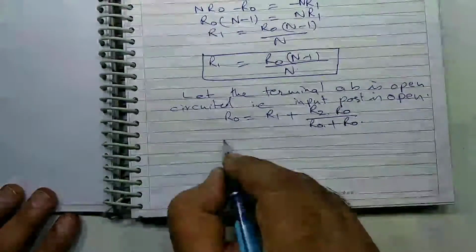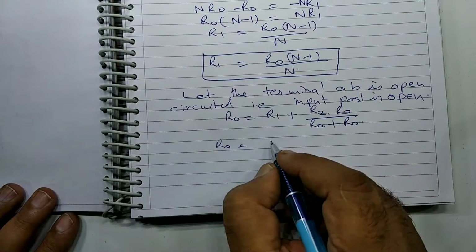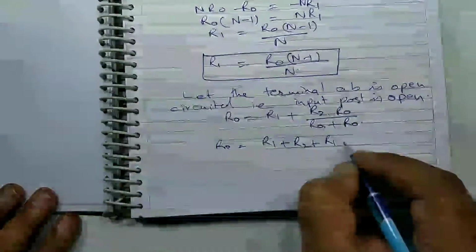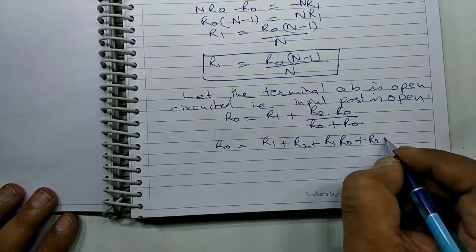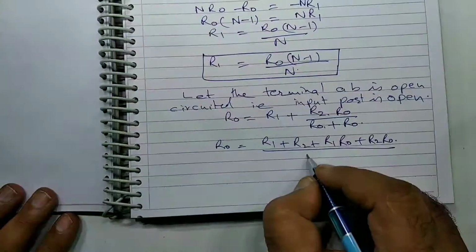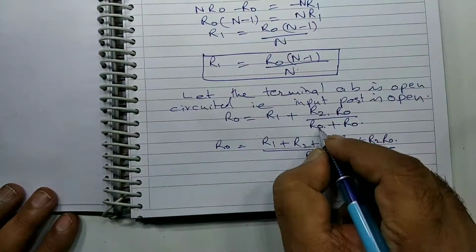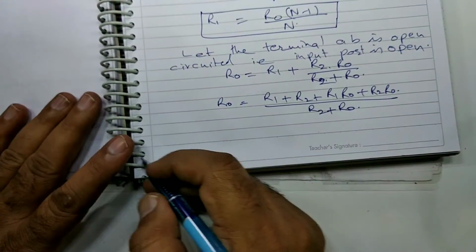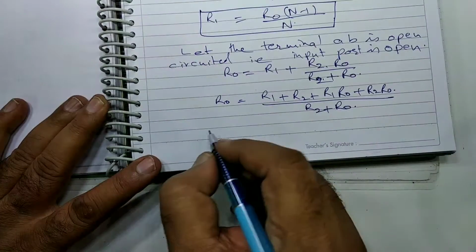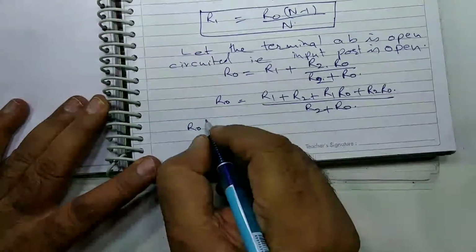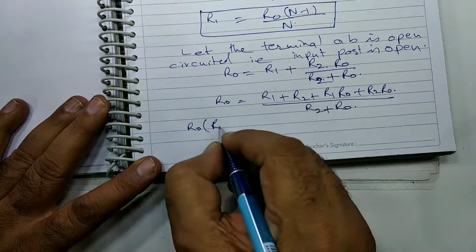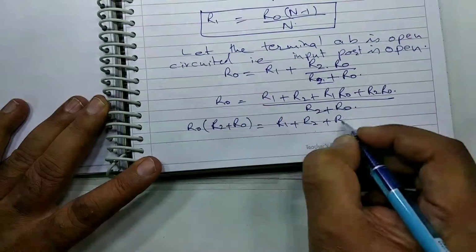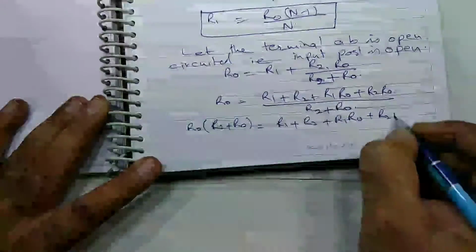Now, this is equal to Ro is equal to (R1 R2 plus R1 Ro plus R2 Ro) divided by (R2 plus Ro). Solving this equation, cross multiplying, we get Ro into (R2 plus Ro) equal to R1 R2 plus R1 Ro plus R2 Ro.